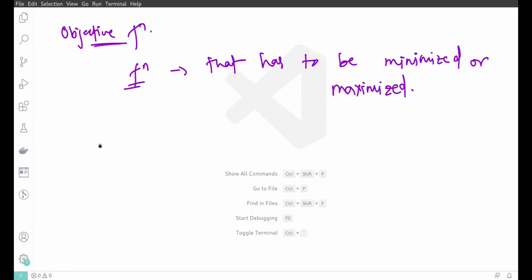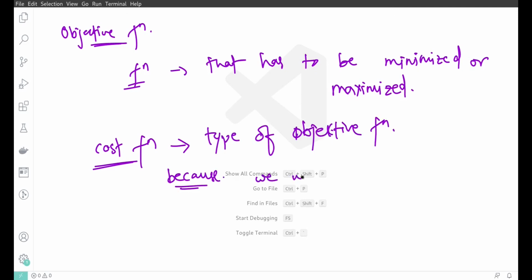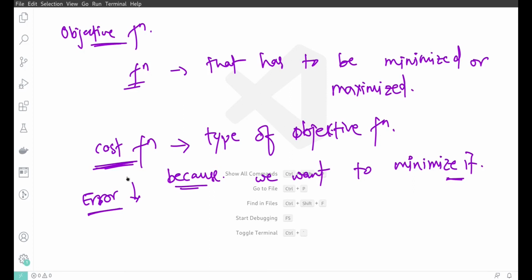For example, cost function is one type of objective function because we want to minimize it. Basically, we want to reduce the error. This cost function actually tells how much error the hypothesis or the model has made. And if we try to minimize this particular cost function, then this error will be reduced and automatically the model or the hypothesis will get better at its task.